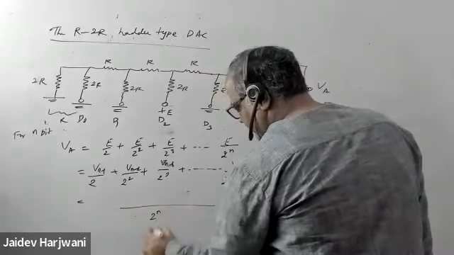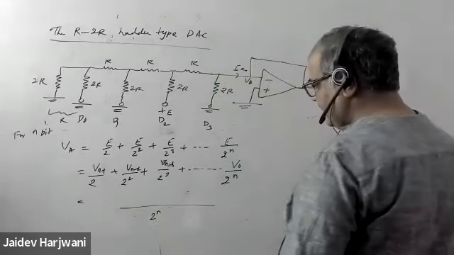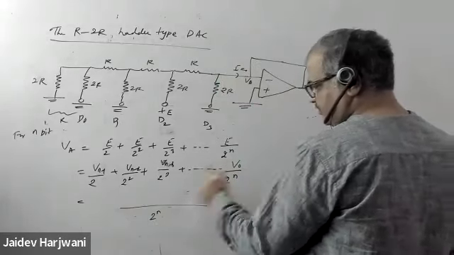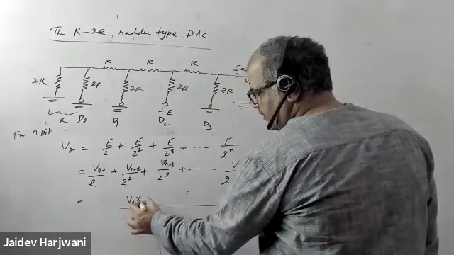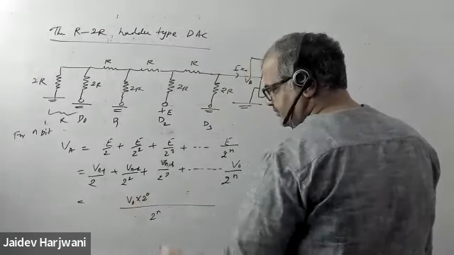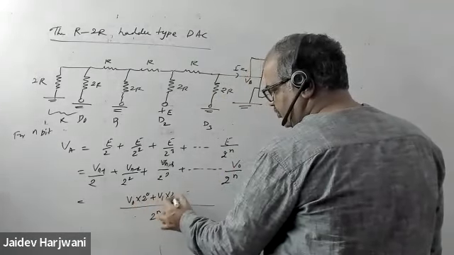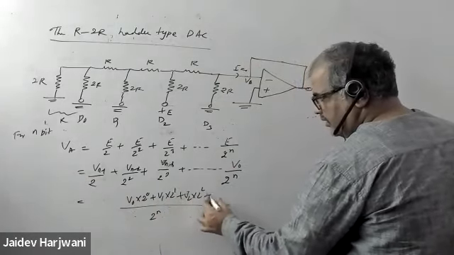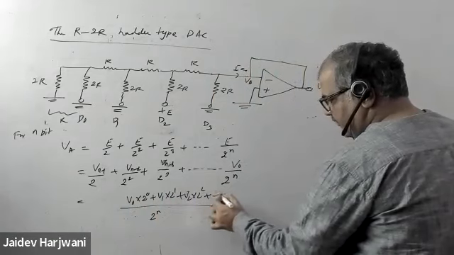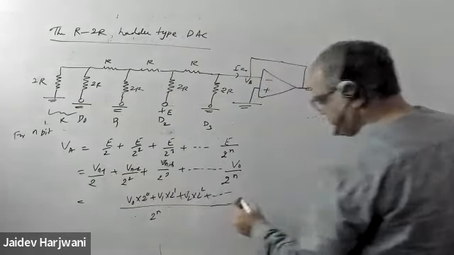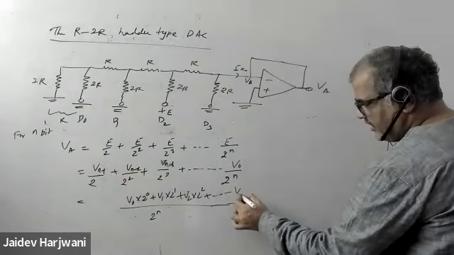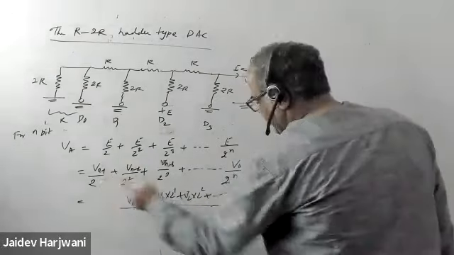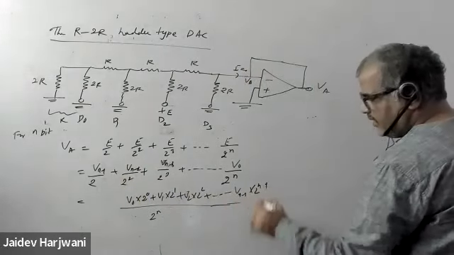If I take 2 power n common, what I'll get is v0 into 1, that I can write as 2 power 0, then v1 into 2 power 1 plus v2 into 2 power 2, and similarly if I keep on going, I'll get up to vn minus 1 and 2 power n minus 1.